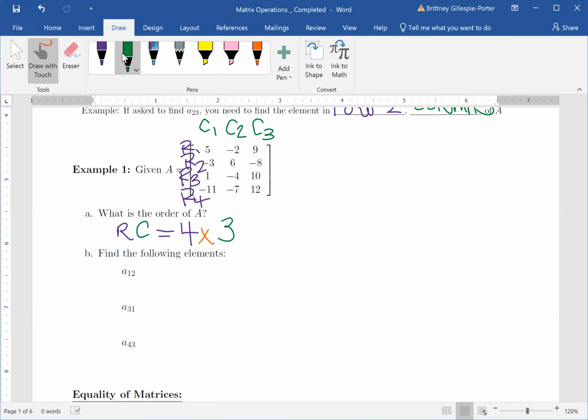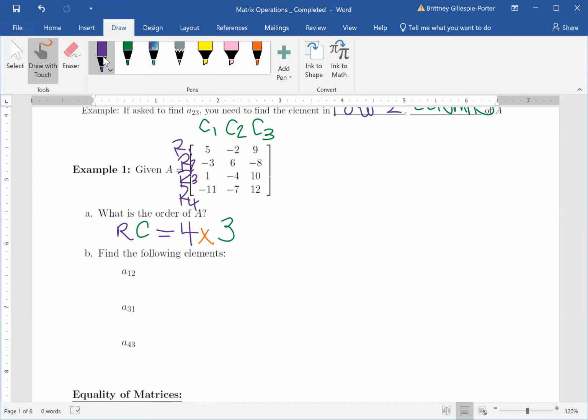And the order, dimension, or size of matrix A is 4 by 3. Notice that I'm using itty-bitty subscripts for R1, R2, R3, R4, and then C1, C2, C3. That's going to come up when we start multiplying.